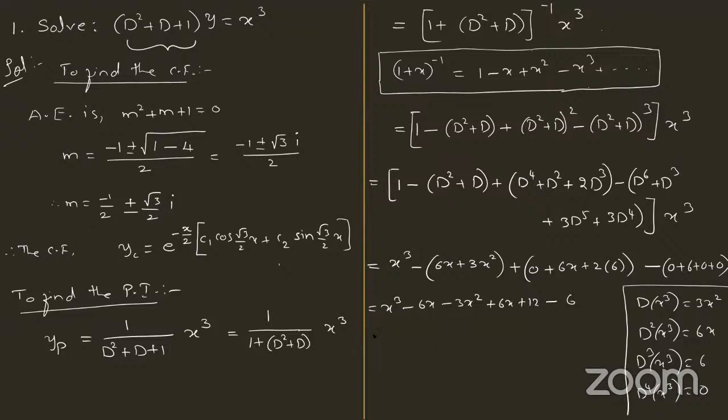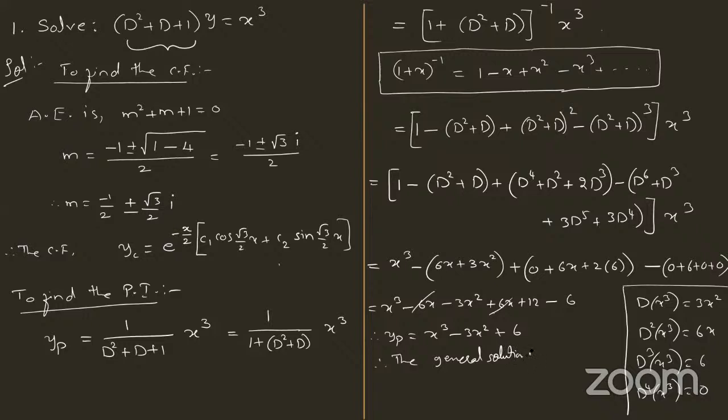So the particular integral Yp is x³ minus 3x², then minus 6x and plus 6x, you can cancel them. There are no more x terms, plus 12 minus 6, it is 6. That's your particular integral.